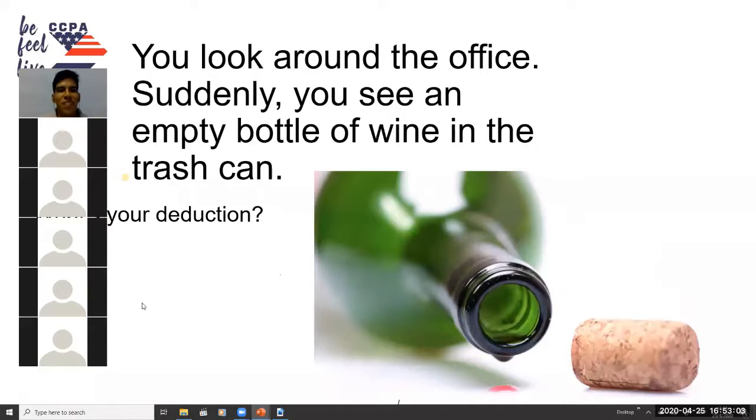Let's continue. You look around the office, suddenly you see an empty bottle of wine in the trash can. All right, another clue. A bottle of wine. Remember that if you don't want to speak, you can also write your answer in the chat.